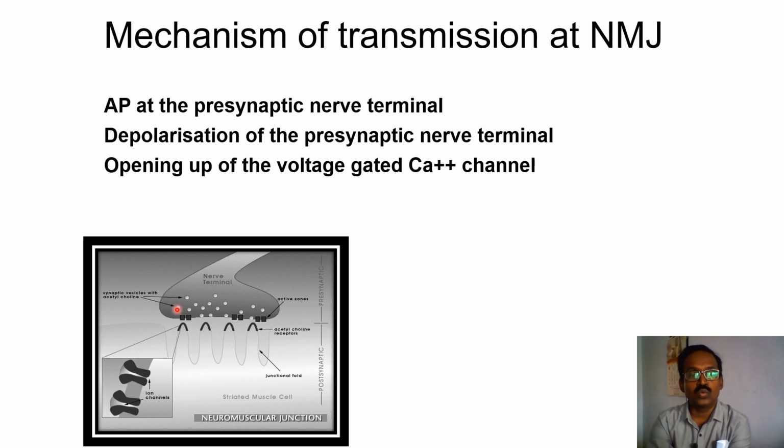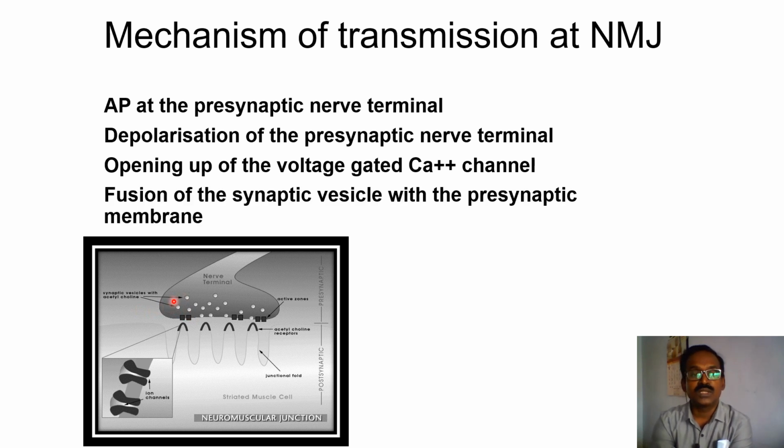It opens the voltage gated calcium channels, so that the synaptic vesicles fuse with the presynaptic membrane through the proteins synaptobrevin, SNARE protein and SNAP protein. The synaptic vesicle is attached to the presynaptic membrane and undergoes exocytosis into the synaptic cleft.